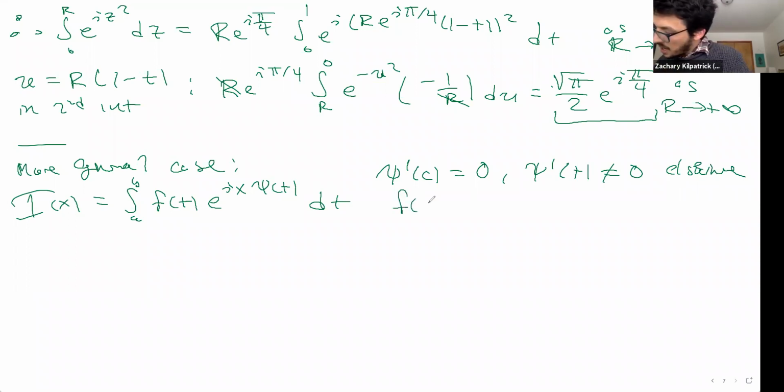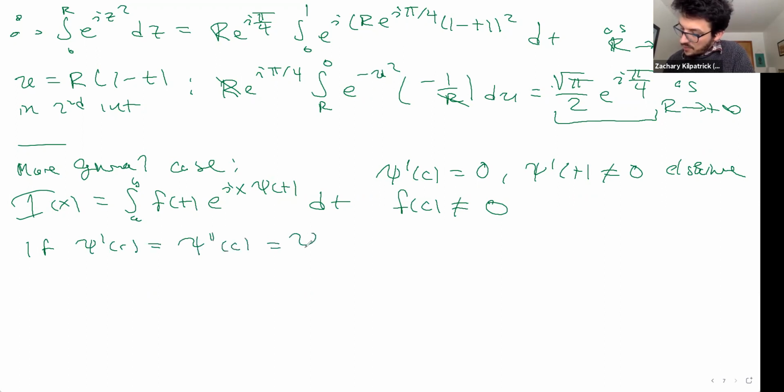And also f of c is not equal to 0. In general, if phi prime of c equals phi double prime of c equals phi triple prime of c, and so on, all the way up to the p minus 1 derivative of phi at c.